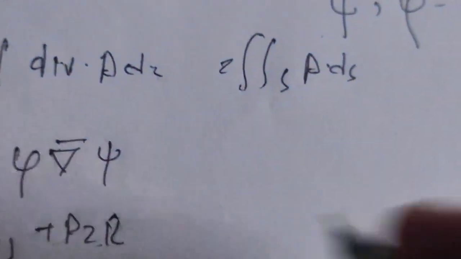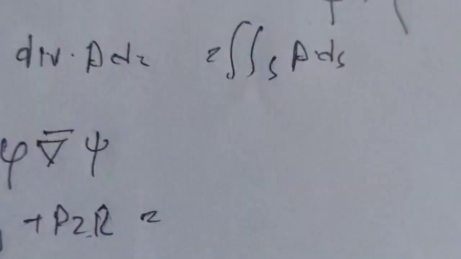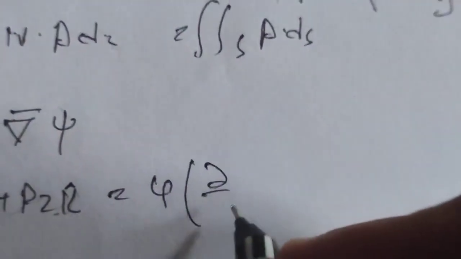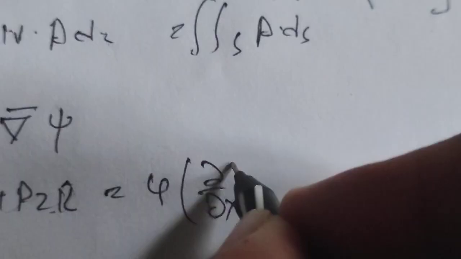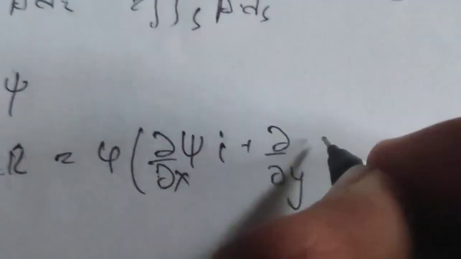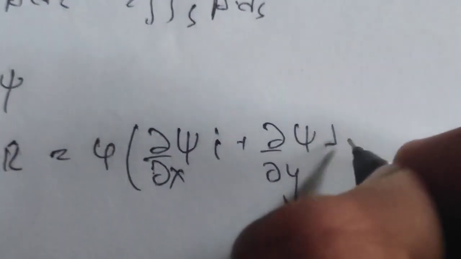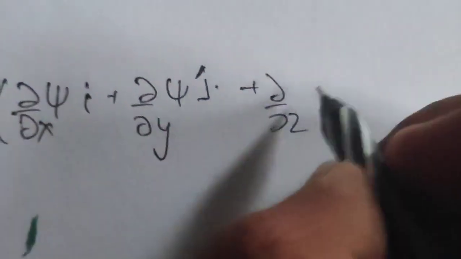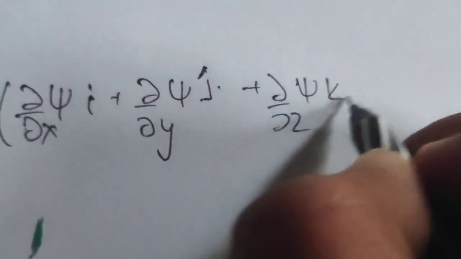So it becomes phi del upon del x of psi i cap plus del upon del y of psi j cap plus del upon del z of psi k cap.